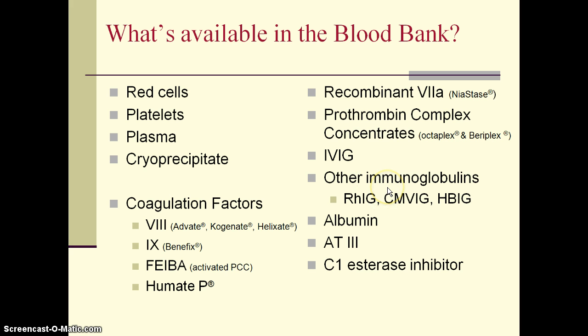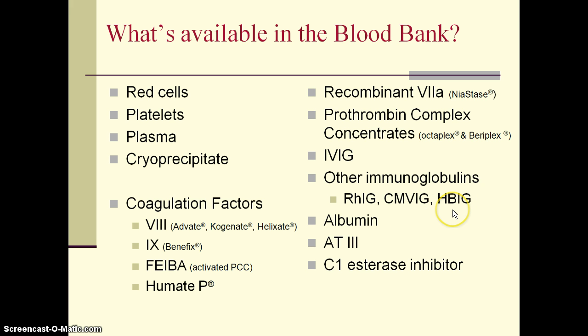And there are also other immunoglobulins in the blood bank. You're probably most familiar with Rh immune globulin, used to prevent hemolytic disease of the neonate or fetus in an Rh blood group negative woman who may be having an Rh positive blood group fetus. Other immunoglobulins as listed, for example, will be hepatitis B immunoglobulin and CMV immunoglobulin, and there are more.